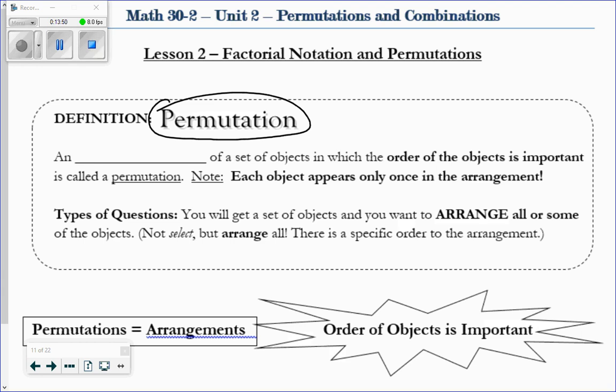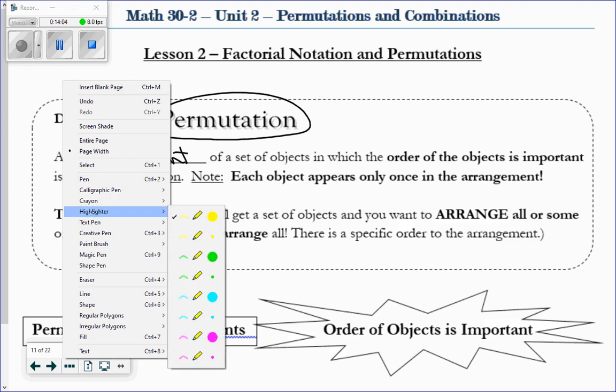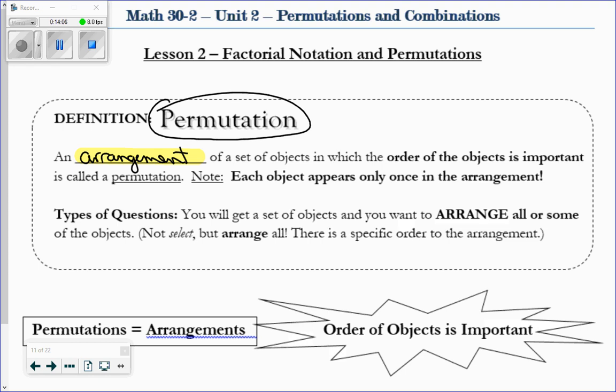Permutation is an arrangement of objects in which the order is important. So essentially all these questions that we've been doing, lesson 1, every question that we just did was a permutation.